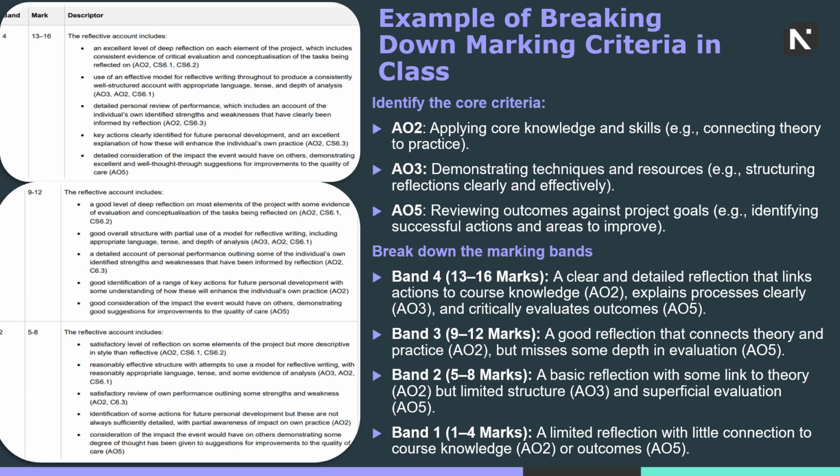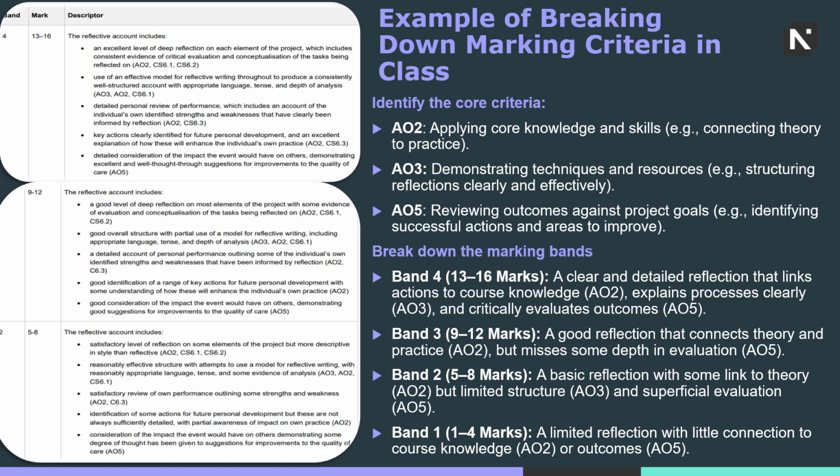Next, let's break down the marking bands to clarify how students' work is graded. By simplifying the bands like this, it can help students understand what each of the bandings requires of them. So Band 4: at this level, students deliver a clear, detailed reflection that links their action to course knowledge, explains processes effectively, and critically evaluates outcomes.